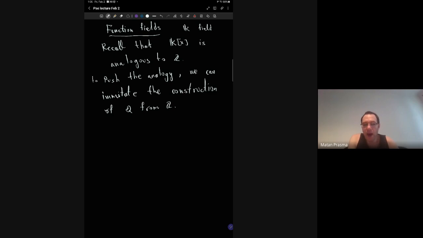How do we construct Q from the integers? We say we define an equivalence relation on the set of integers.